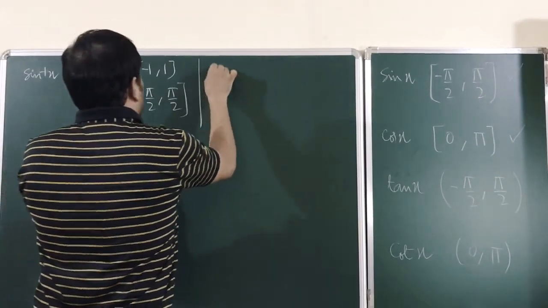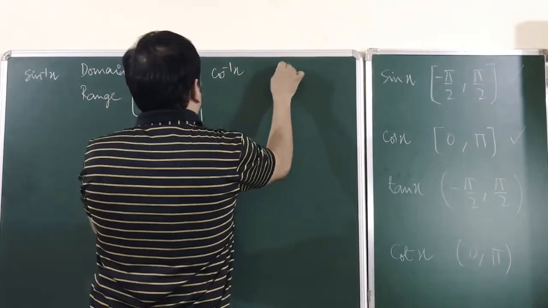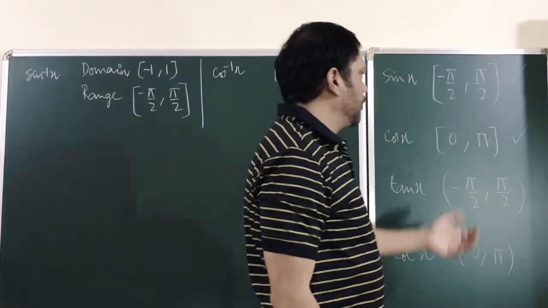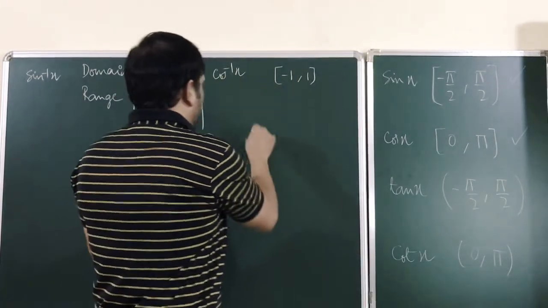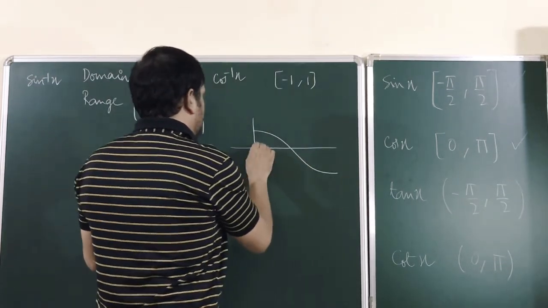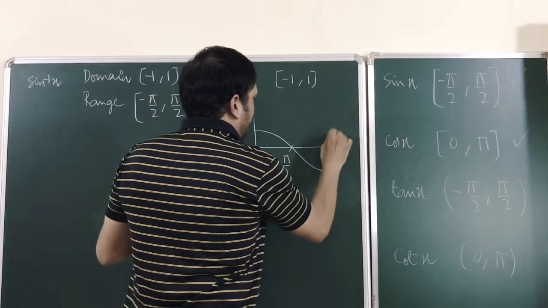And for the cos inverse of x, the domain is again minus 1 to plus 1, because if I keep 0 to pi for the cos of x, you see the cos x graph from 0 to pi is like this. I've already explained this thing, you can check lecture 1.